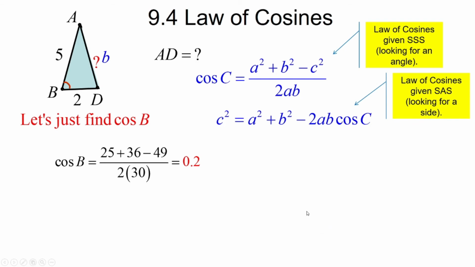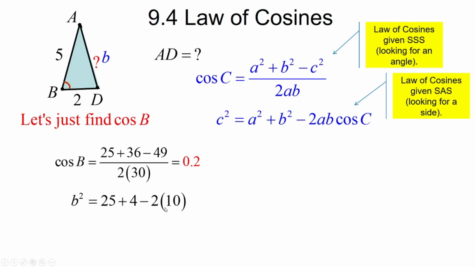Okay, so now we're going to write this, but we're solving for the B, so I'm going to go B squared equals, and this is why I need to know what everything means. All right, what's adjacent to angle B? The 5 and the 2. So I'm going to go 5 squared, 25, plus the 2 squared, 4, minus 2 times those adjacents, 5 times 2, 10.